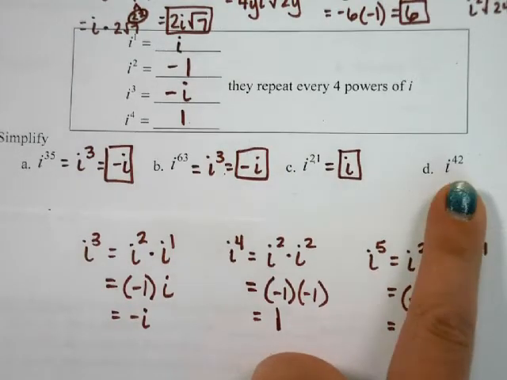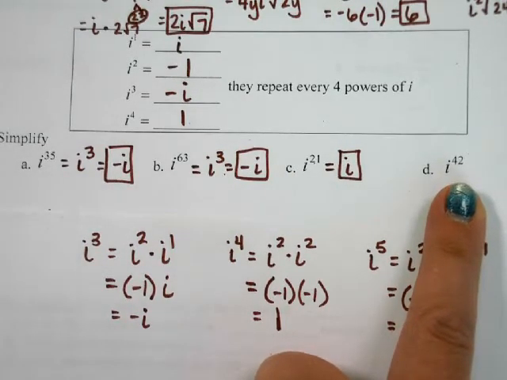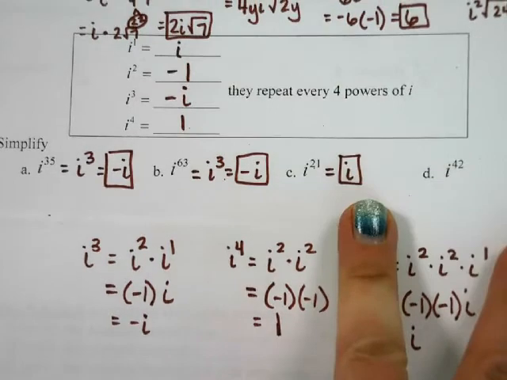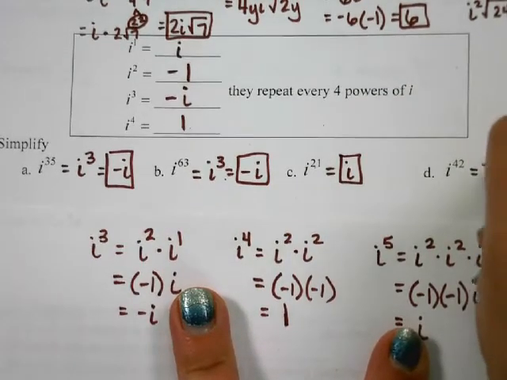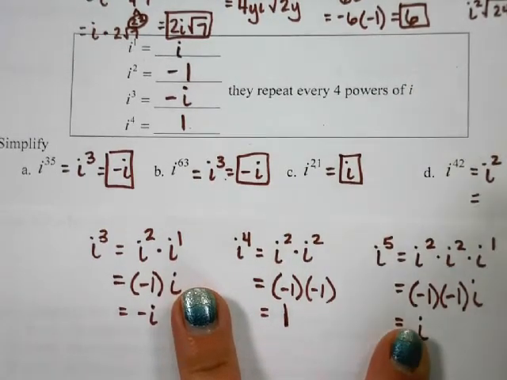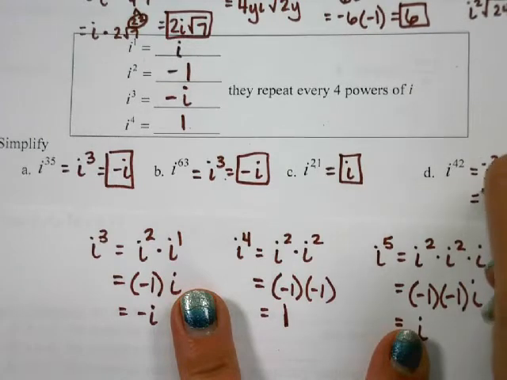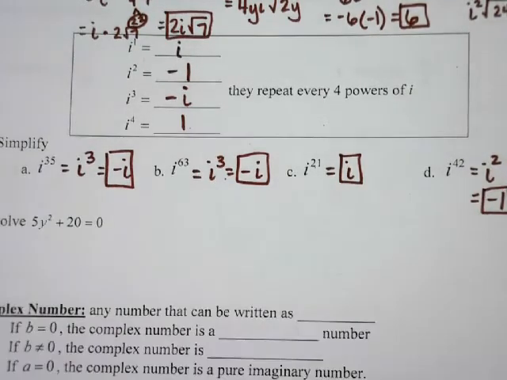How about 42? Is 42 divisible by 4? Is 41? Is 40? Yes, so I went backwards twice. So that guy's i squared, and i squared is -1. Okay, questions on any of that before we go any further?